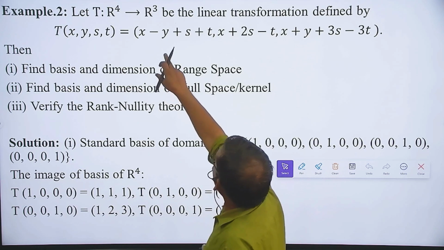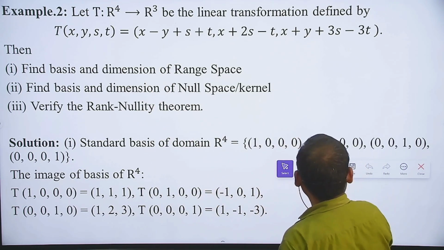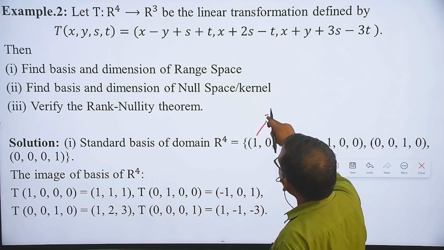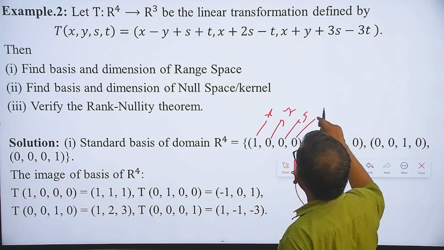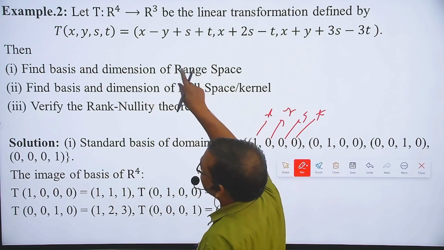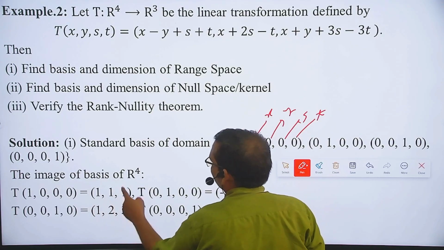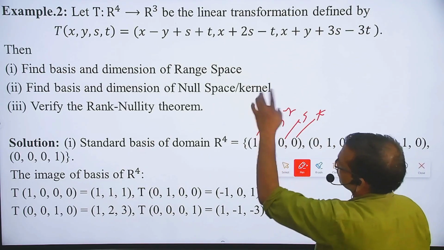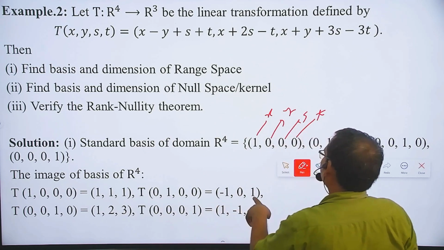Here this is x, this is y, this is s, this is t. When we put these in the transformation, we get as image (1, 1, 1). When we put (0, 1, 0, 0), we get (-1, 0, 1).